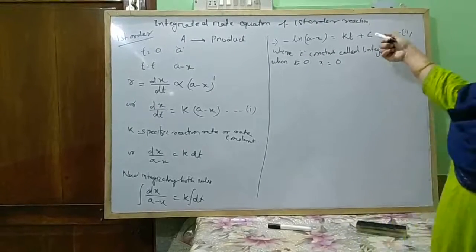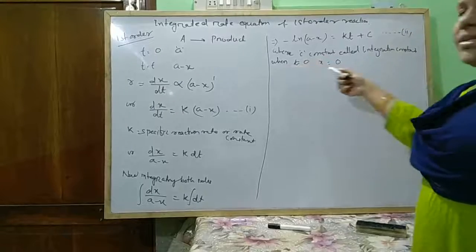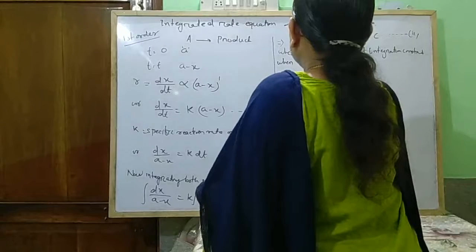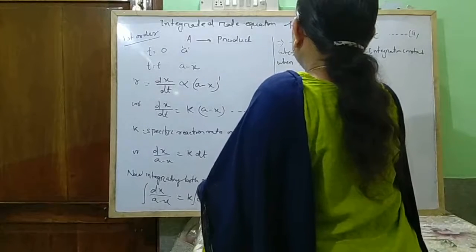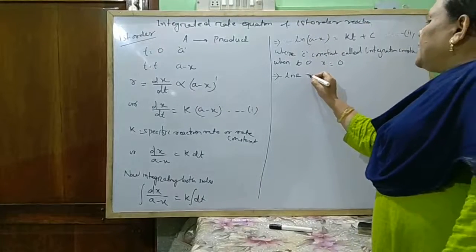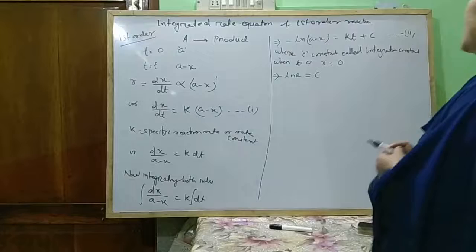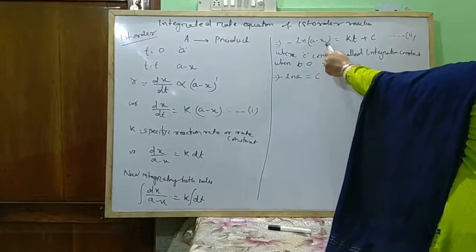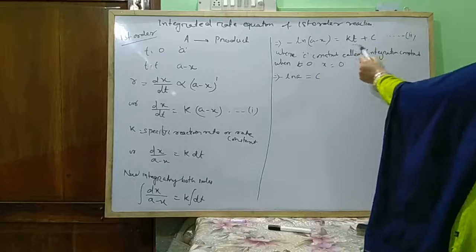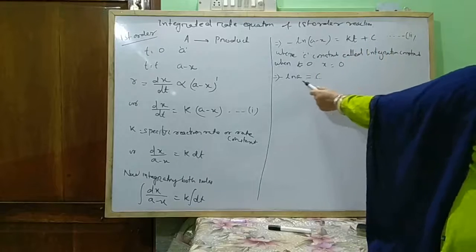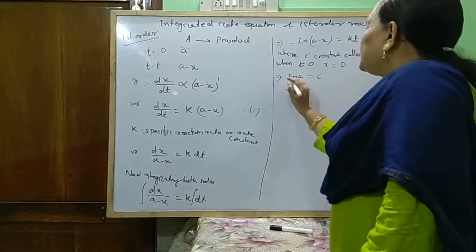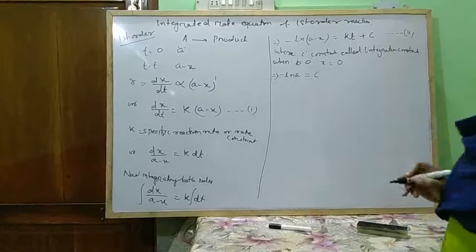Substituting these values in equation 2, minus ln a minus x becomes minus ln a, and k into 0 is equal to 0, plus c. So minus ln a equals c.